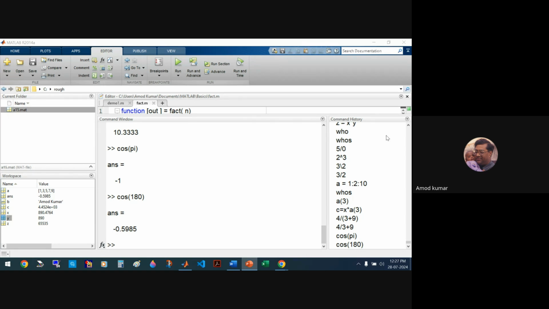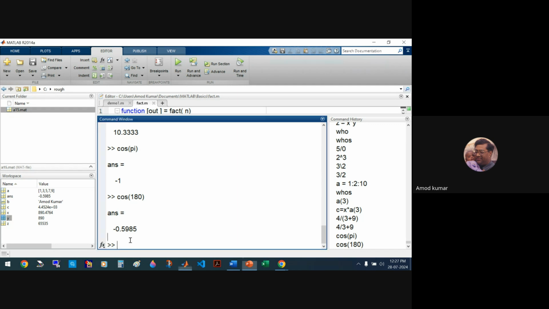Then the next thing. Suppose you are writing a command, although this will be rare, A equal to B plus C divided by something, and let us say your command is not coming in one line. Your expression is so long that it is not being accommodated in a single line on this command window. Everything has got a limitation. You can go up only up to the end of the line.